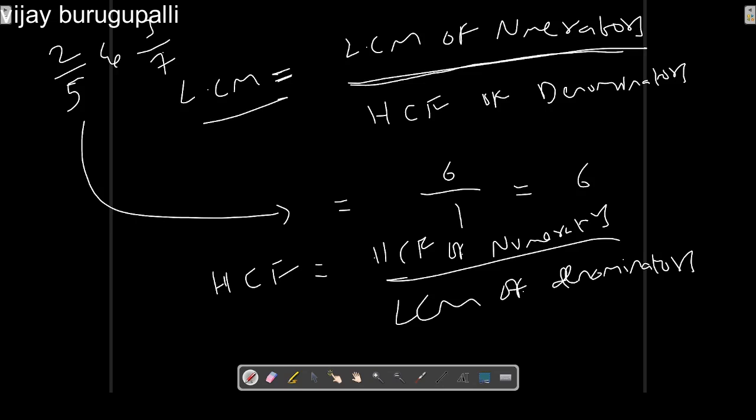That means if we want the HCF, then the HCF of the numerators will be in the numerator, and the LCM of denominators will be in the denominator. In case of LCM, it's the opposite. The LCM of numerators will be in the numerator, and the HCF of denominators will be in the denominator.